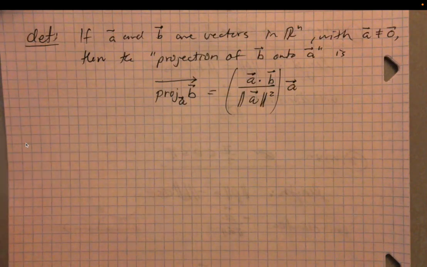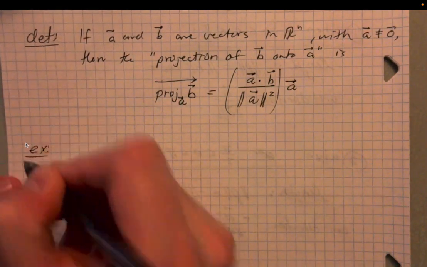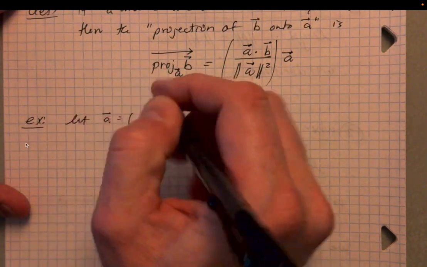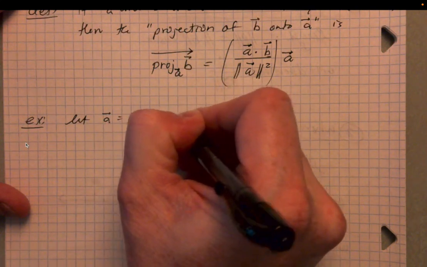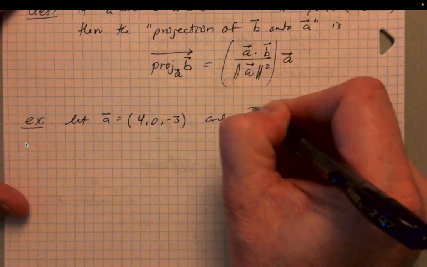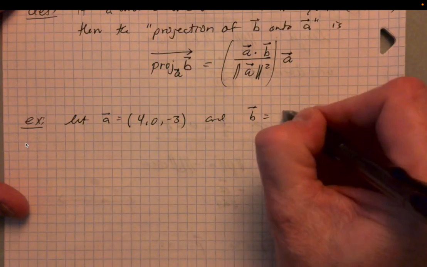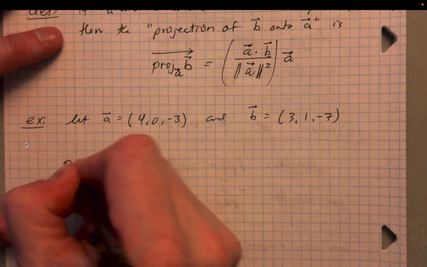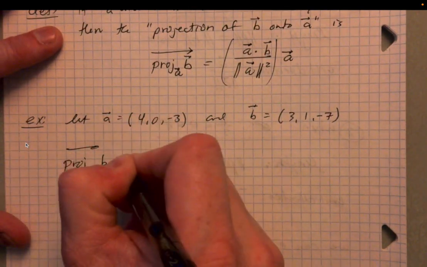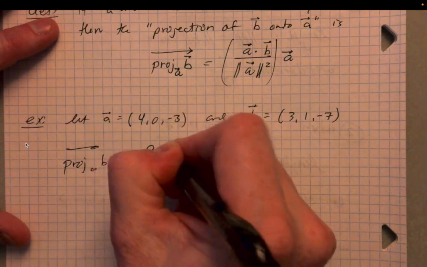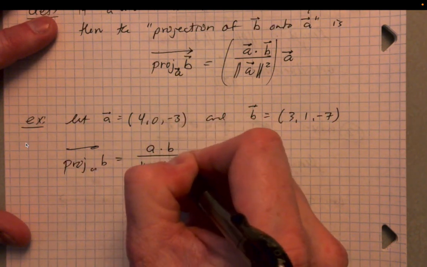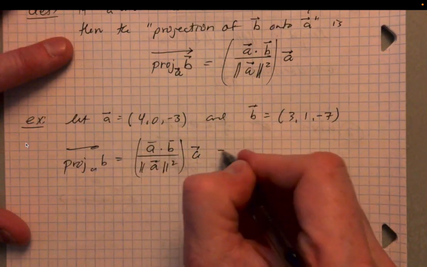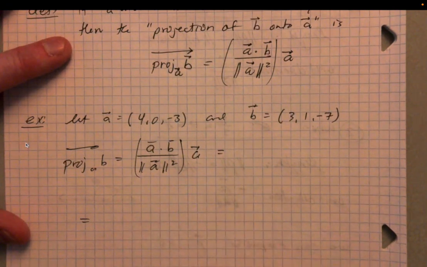Okay, let's do an example where we calculate this with real vectors. Let A equal (4, 0, -3), and B equal (3, 1, -7). The projection of B onto A is equal to A dot B over the norm of A squared, that's a scalar, times A. So A dot B, we can calculate that first.